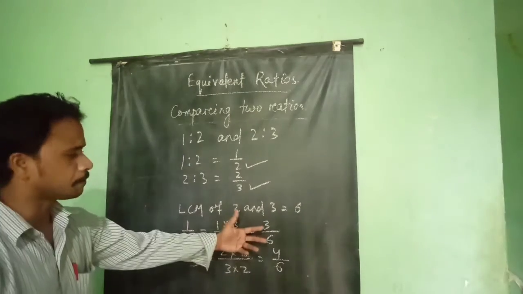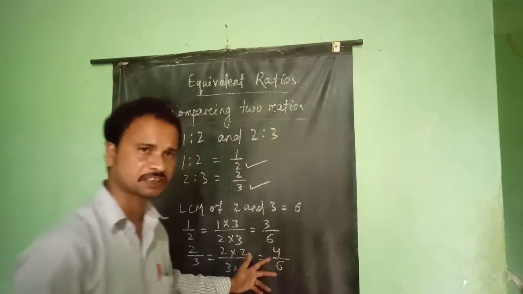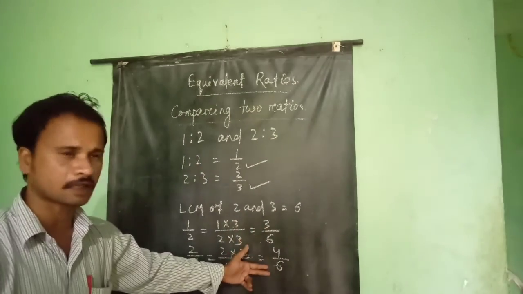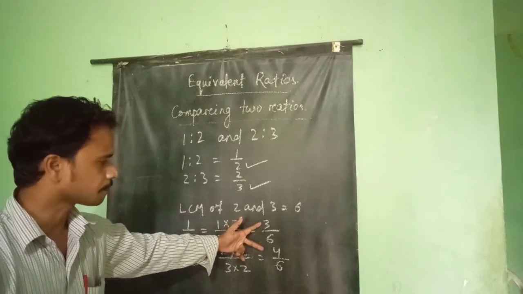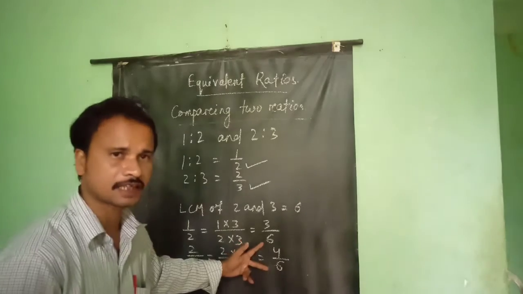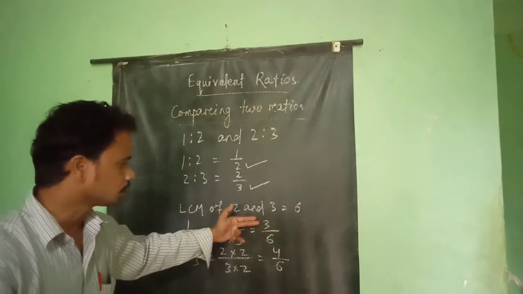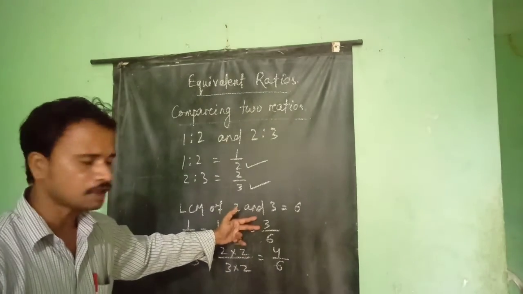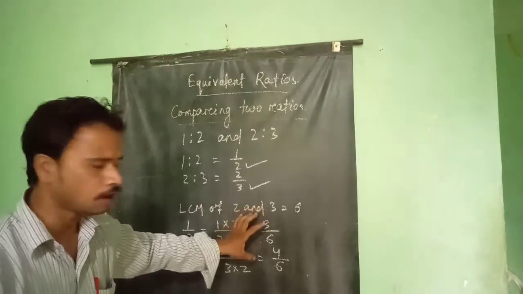And you know 3 by 6 is less than 4 by 6 because same denominator but different numerators, and when the denominators are same, the numerator that is smaller, the fraction is also smaller.